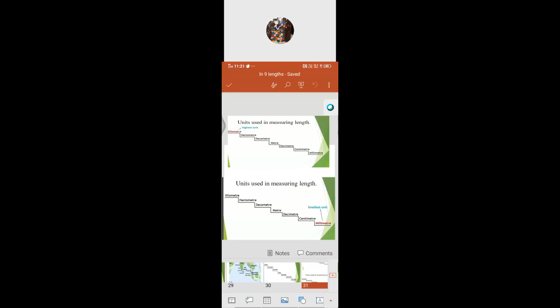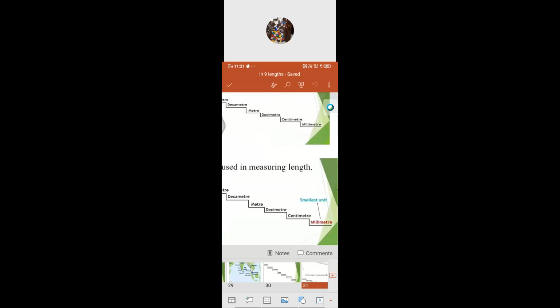There are many more units, but for our purpose, the order goes from smallest to largest. The highest unit is kilometer. Coming to the smallest unit, millimeter.